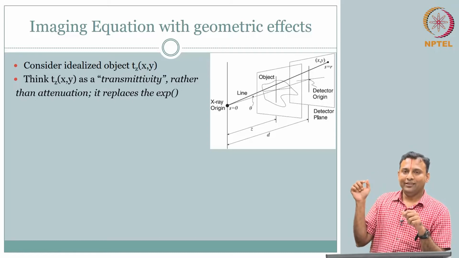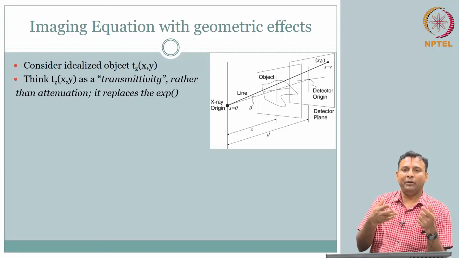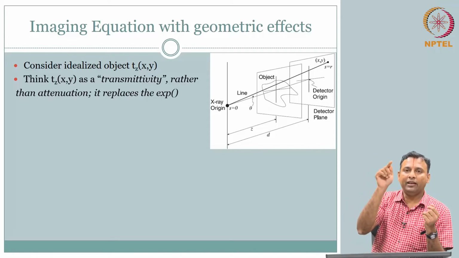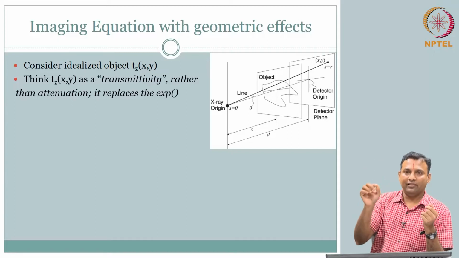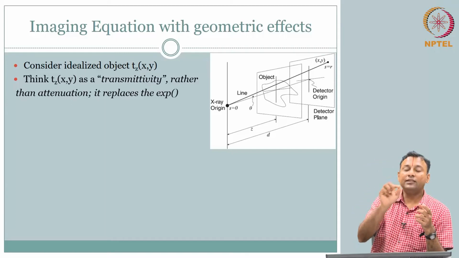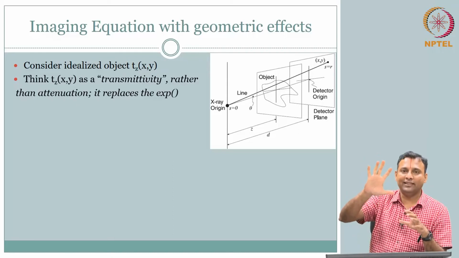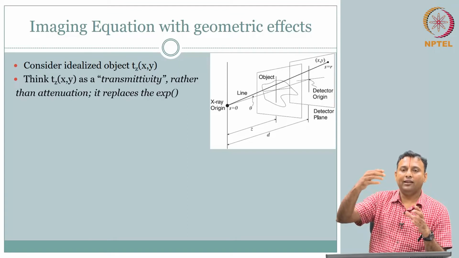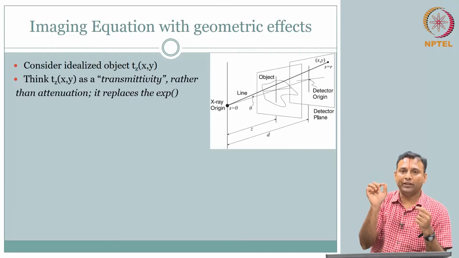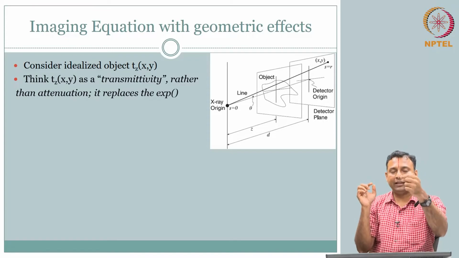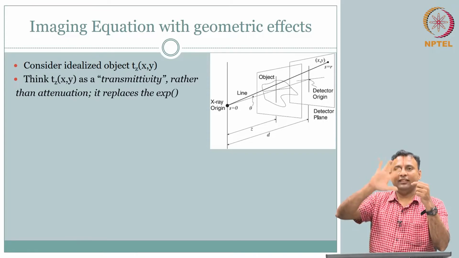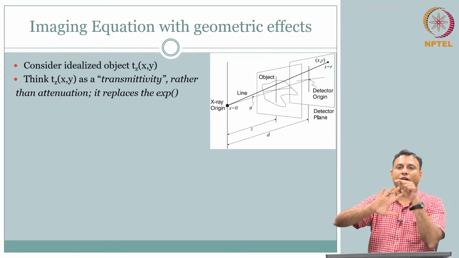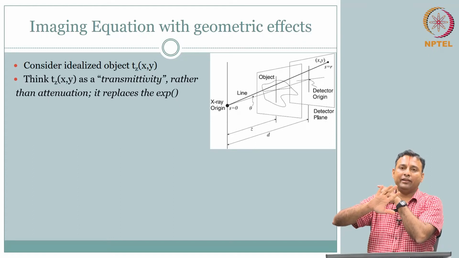It is similar here: you can think of this as an infinitesimally thin sheet where I have something like an attenuator placed at some points. So the object pattern is there in terms of mu, with the depth collapsed into it. Depending on the transmittivity function, what comes out is determined.